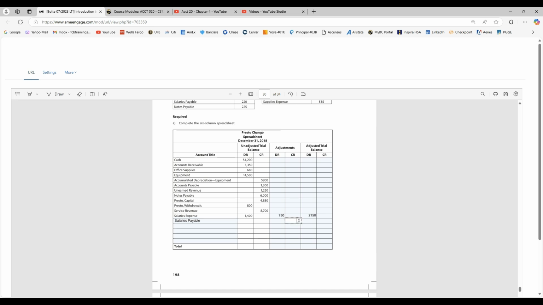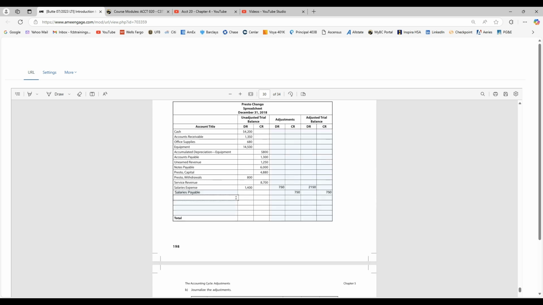Sometimes if you didn't have anything booked in those accounts throughout the normal, not the adjusting process, you'll have a zero balance or no total there in the unadjusted trial balance. So sometimes you need to add some accounts, basically, is what I'm trying to say. So that's our salaries piece.